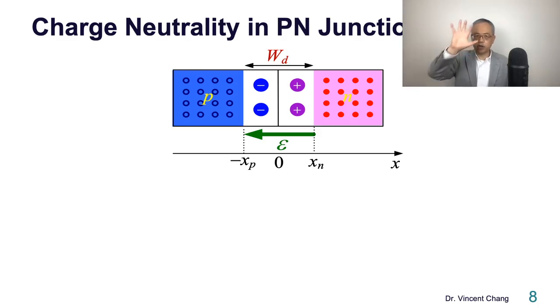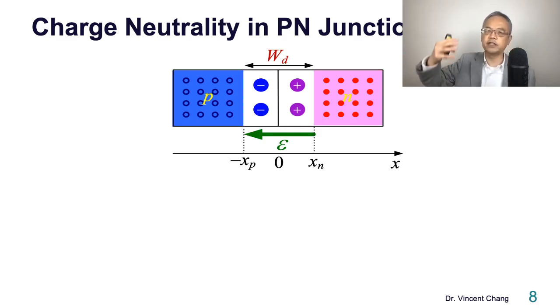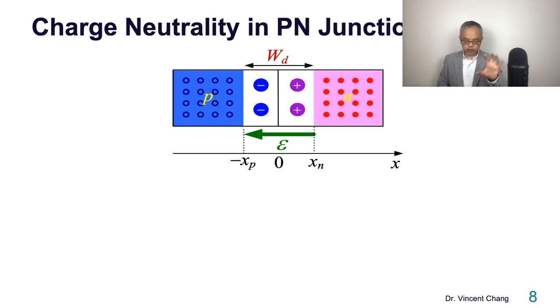But the overall charge neutrality should remain. So the total charge should be 0, which means the total amount of negative charge on the left-hand side should be equal to the total amount of positive charge on the right-hand side of the depletion layer. Let me repeat that. The total negative charge on the left-hand side of the depletion layer should be equal to the total amount of positive charge on the right-hand side of the depletion layer.